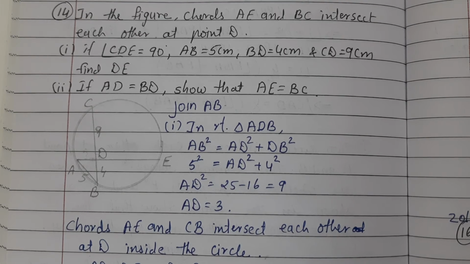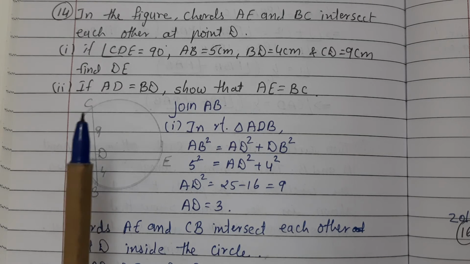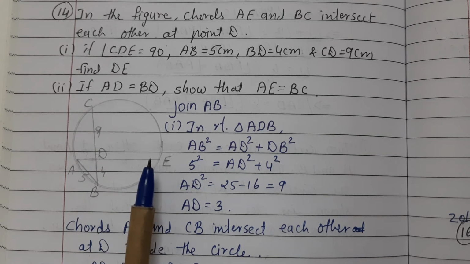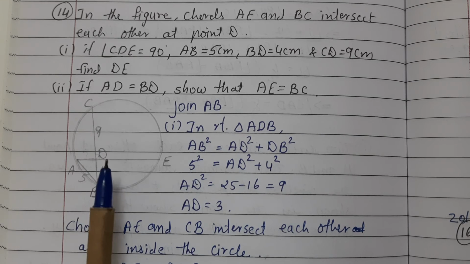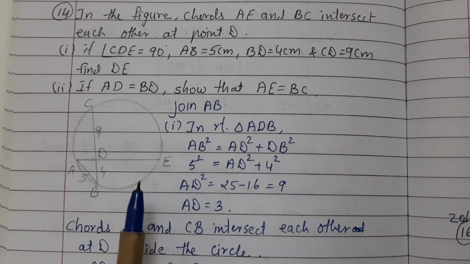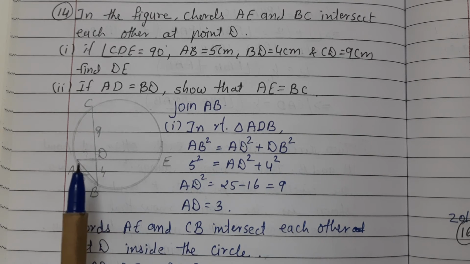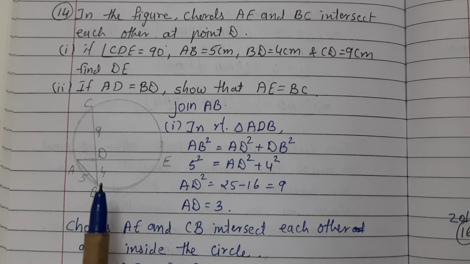Sum number 14. In the figure, chords AE and BC intersect each other at point D. If angle CDE is equal to 90 degrees, AB equal to 5 centimeter, BD equal to 4 centimeter, CD equal to 9 centimeter, find DE. Second part, if AD is equal to BD, show that AE is equal to BC.